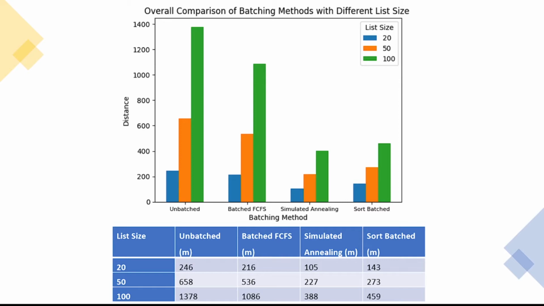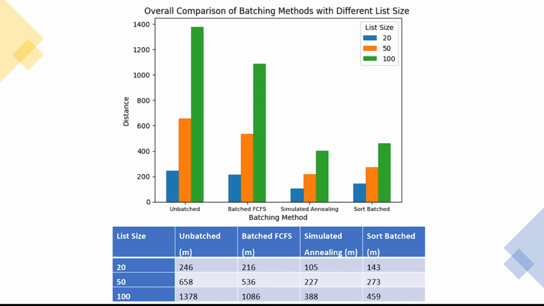For the first come first serve method, there is a reduction of 111 meters, a 51.39% decrease, and for the sort batch method, it is about a 41 meter reduction, which brings about a 26.58% improvement in the total distance.